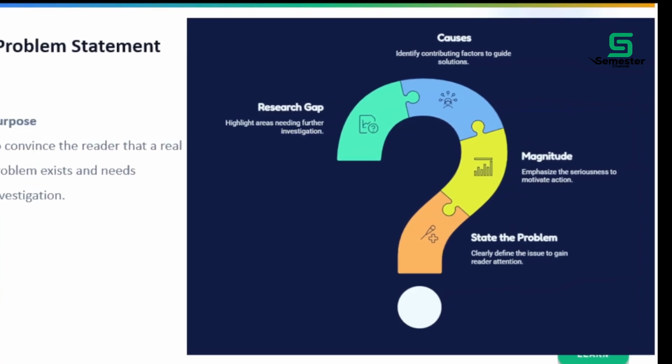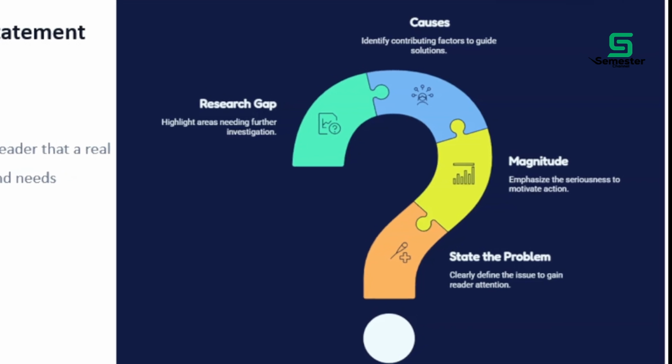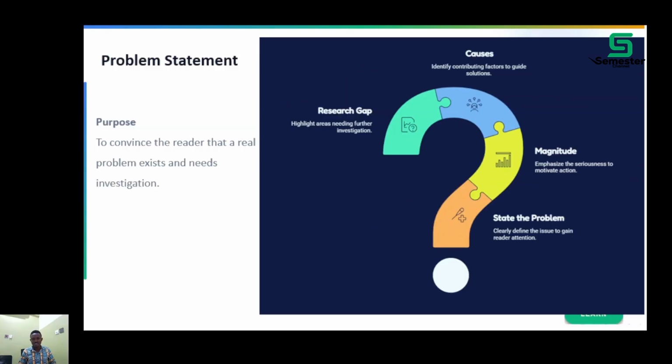What is the problem? That is what we want to know. Clearly define the issue, and give any indications of increase, and the causes of this rampant increase or surge in the cases you are looking at. That should give a brief overview of your problem statement.